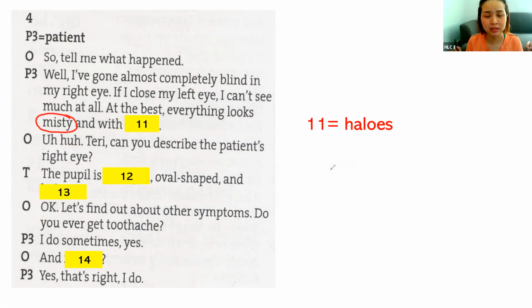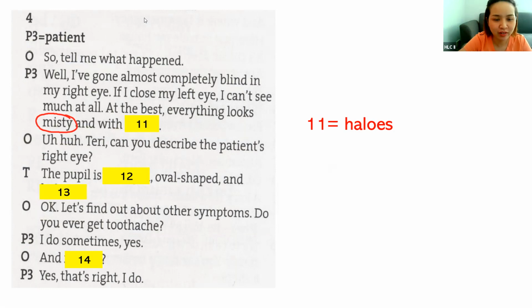Misty means like foggy, like when you're driving on the road and there's a lot of fog, and it's not กบนะคะ, fog, fog is smog. So misty is just like foggy, and it's also with halos.